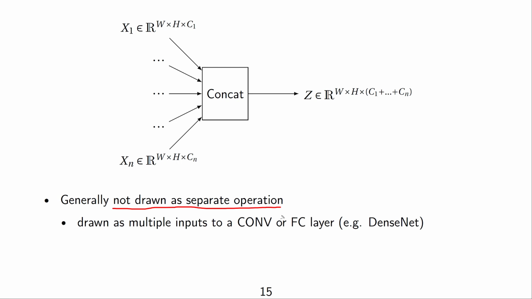What you will see more often is you have something like a conv or FC layer that simply has multiple inputs going into the layer. And then you kind of have to know or read in the text that what the authors mean by that is that the inputs are all concatenated together before maybe the convolution is performed. And one example of this is TensorNet.